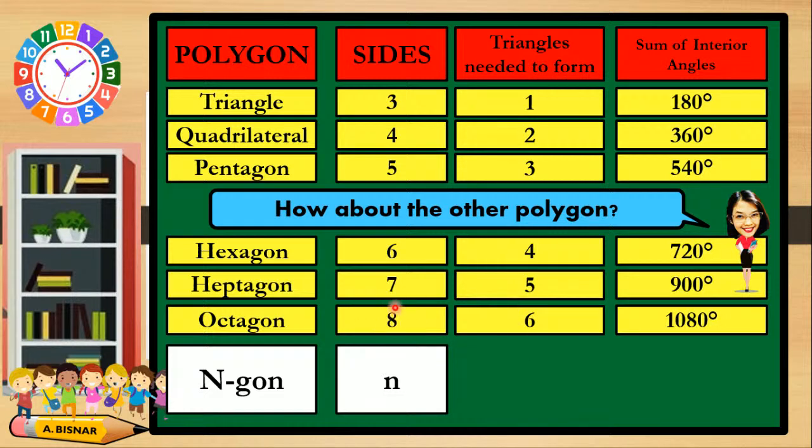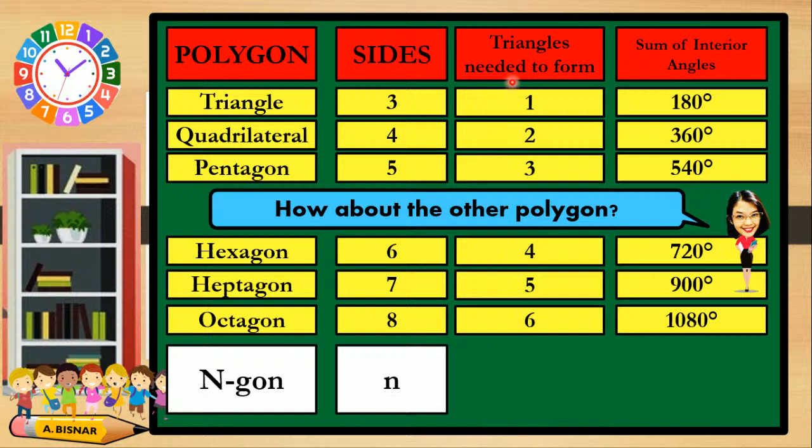You will relate it to the number of sides. What do you observe? 3-sided figure or 3-sided polygon, it has only 1 triangle. 4-sided polygon, you have 2 triangles needed to form. 5-sided, you only have 3.